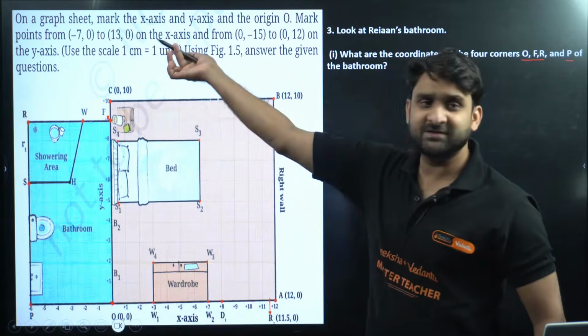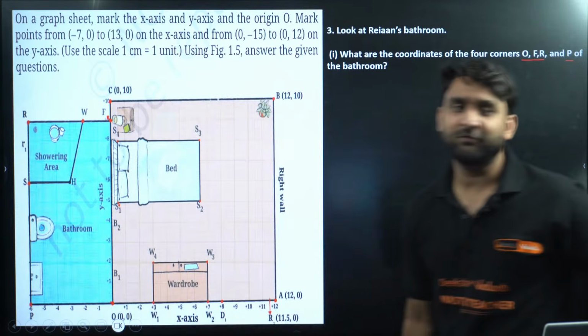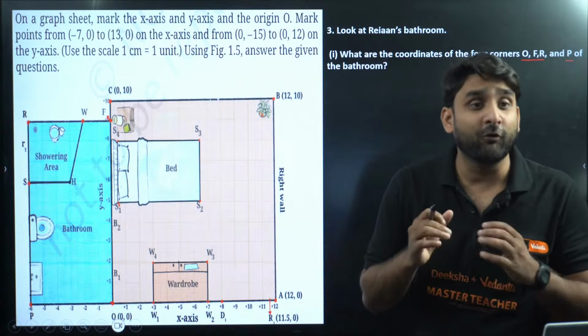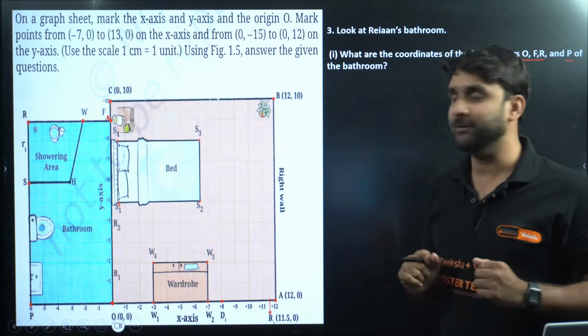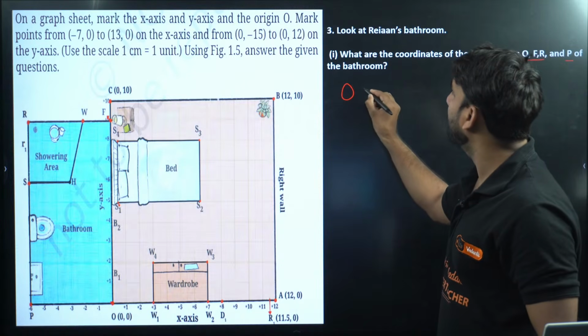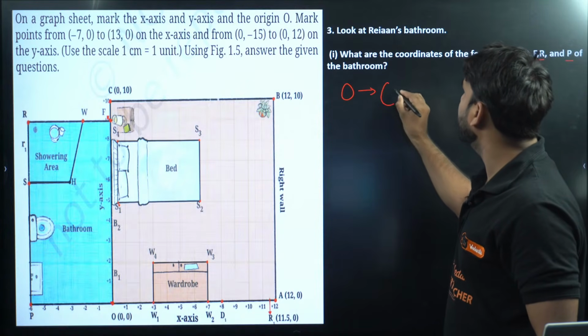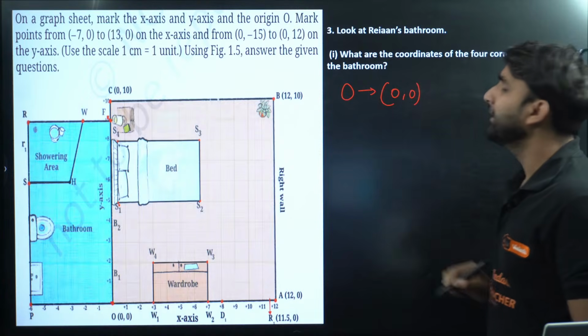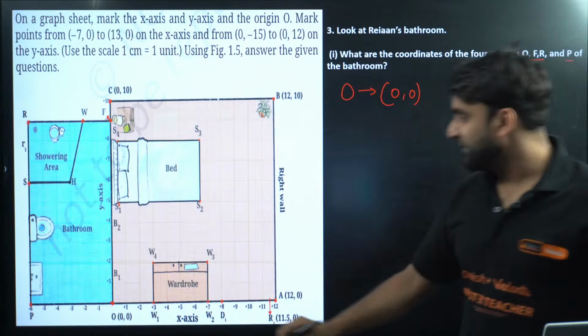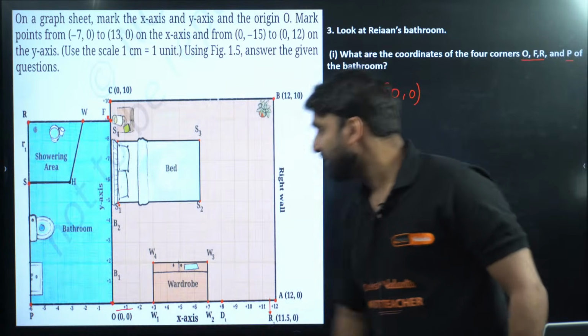This is the y-axis, and the downward line will be the negative y-axis, right? So we have to write the coordinates of O, F, R and P. So what will be the coordinate of O? We can directly write the answer. The O coordinate will be 0, 0. Why? Because O is itself the origin. This is the origin here, right?